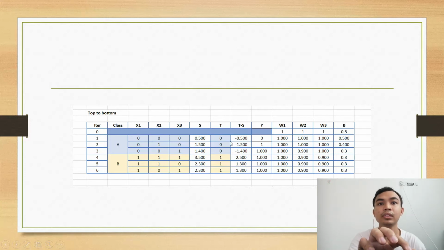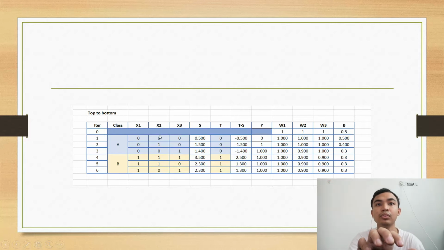After it turns into 0, all the values up there will remain the same. So W1 is 1, W2 is 1, W3 is 1, and also bias 0.5.